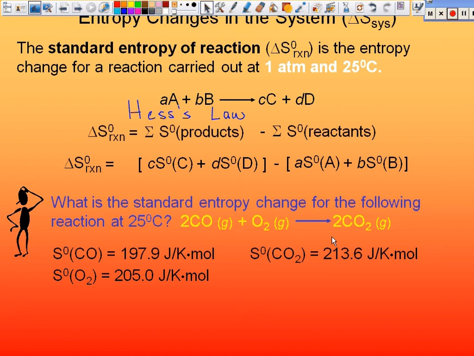What is the lowercase c, the lowercase d, the lowercase a, and the lowercase b? Those are coefficients. So do the coefficients still matter when we're doing Hess's law for delta S? Yes. Exact same math, just a little bit more complicated because you're not going to have any zeros in it.